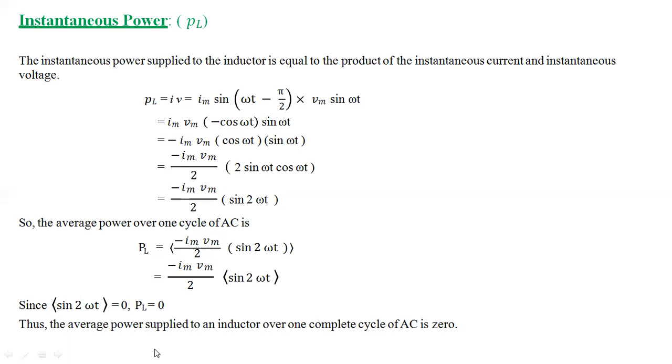Thus the average power supplied to an inductor over one complete cycle of AC is always 0. So we conclude that pure inductance never consumes power.